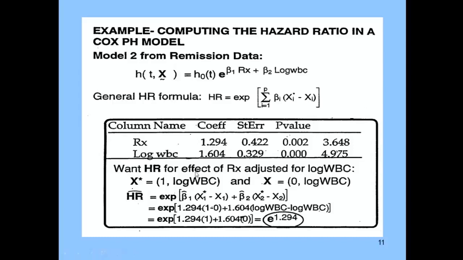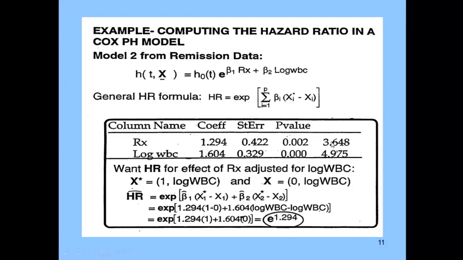And if you want the hazard ratio for the effective treatment adjusted for log white blood cell count, then it would be beta 1 hat times x1 star minus x1, which is 1 minus 0. And x2 star minus x2, if you're controlling for log white blood cell count and keeping it the same, this part would cancel out, so you just get e to the 1.294, which is the answer, and there it is, 3.648.